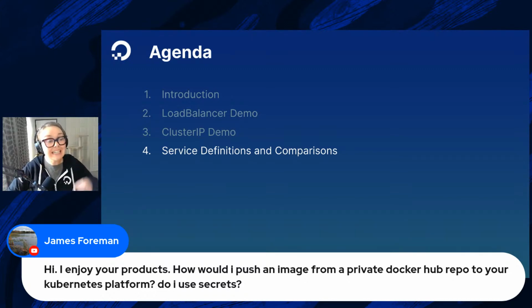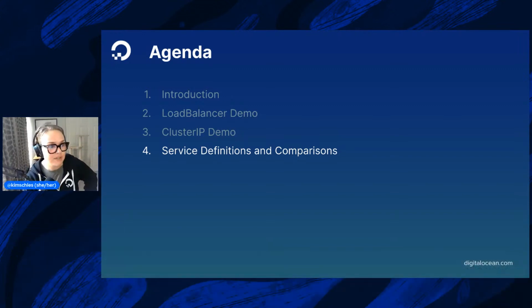In DigitalOcean, if you're using DigitalOcean Kubernetes and the DigitalOcean container registry, there's a setting in the container registry where you can say, allow these images to be pushed and pulled by a DigitalOcean Kubernetes offering. In terms of the other, like if you had a private image on Quay or Docker Hub, I don't know the answer off the top of my head, but it might involve secrets.